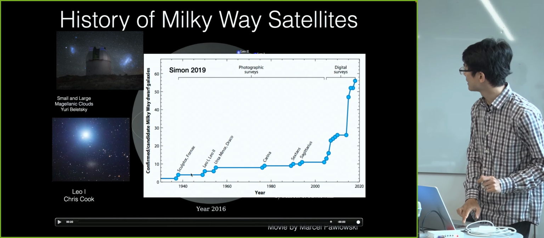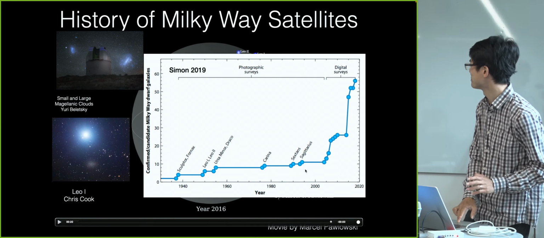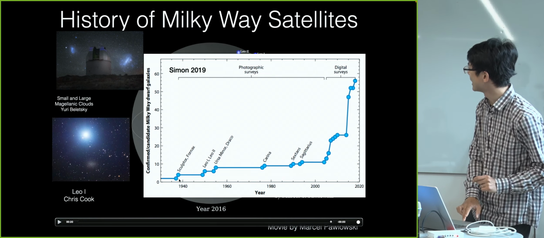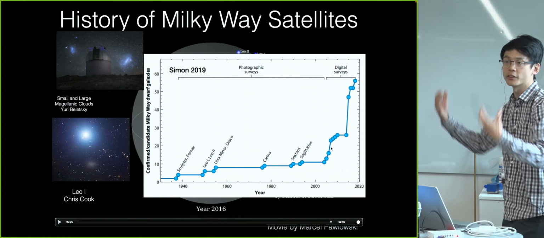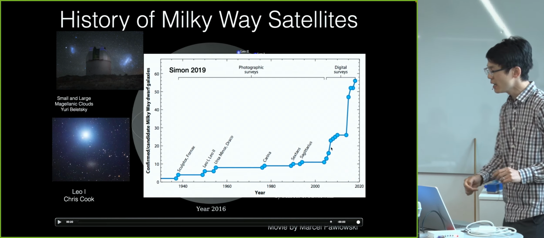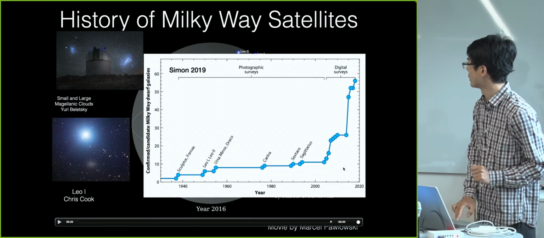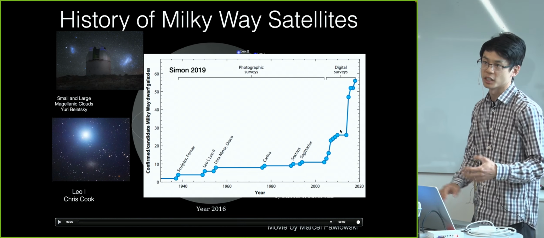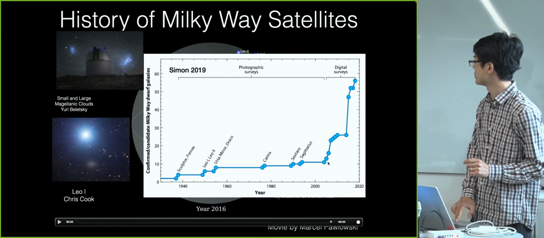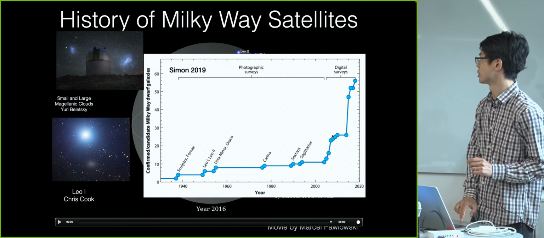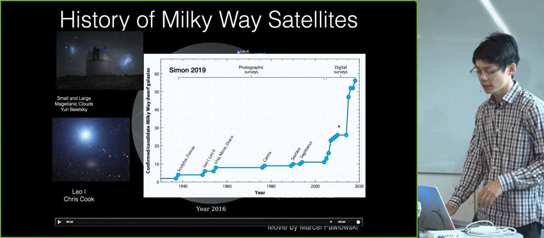And what you can see is that, for about 100 years, we were discovering galaxies basically through photographic plates looking for overdensities on the plane of the sky. But once digital sky surveys came around, we had a huge uptick in the number of galaxies here and then again over here. So this was the Sloan Digital Sky Survey around 2005, and this was the Dark Energy Survey around 2015.